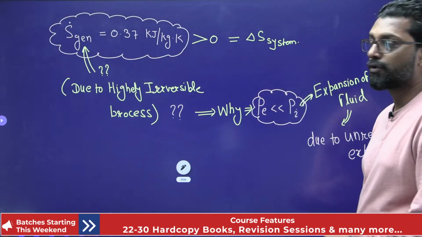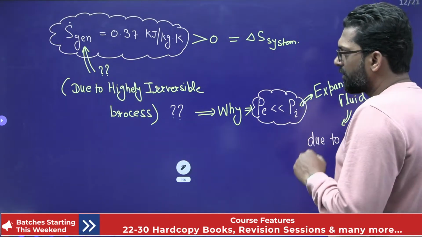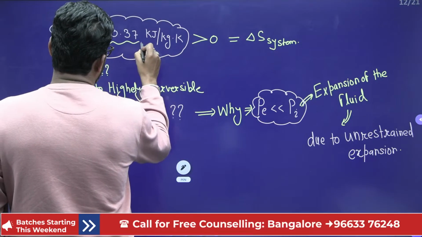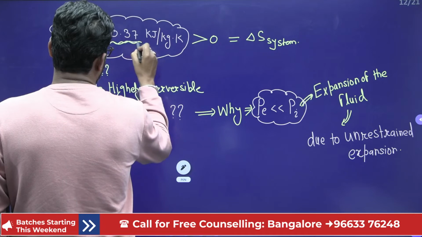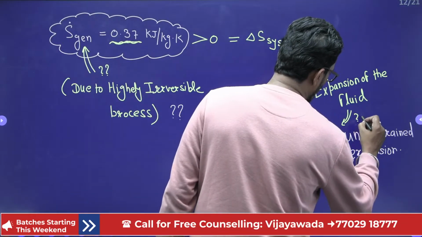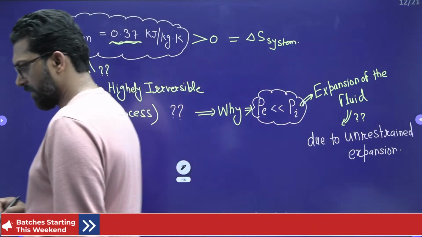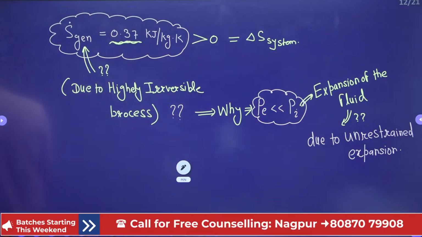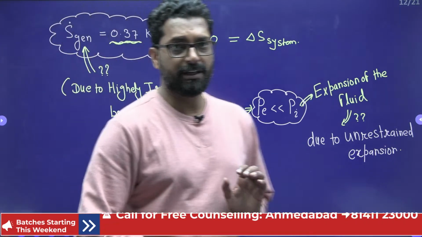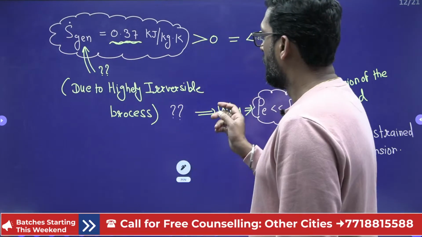This is the throttling process, and it generates entropy during the process, due to unrestrained expansion. I hope you now understand the concept. This is one of the best examples of the throttling process.